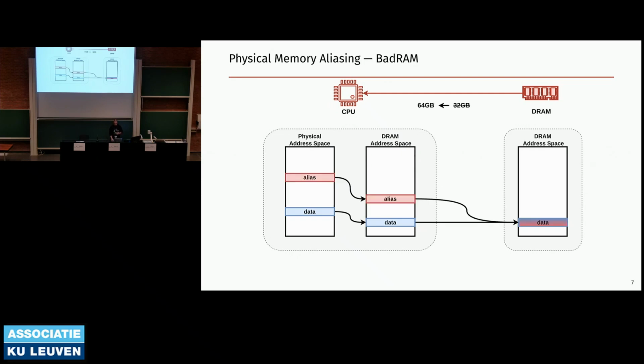But what if that SPD chip lies to you? What if instead of 32 gigabytes, for example, we report 64? Well, this will basically create an alias: we will have the legitimate physical address, and then an alias physical address that maps to the same DRAM address space.